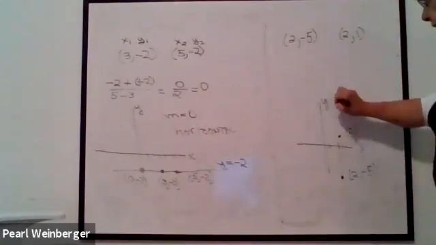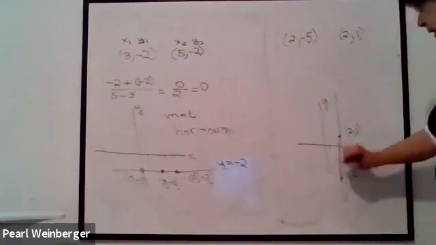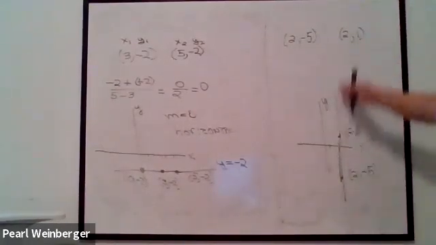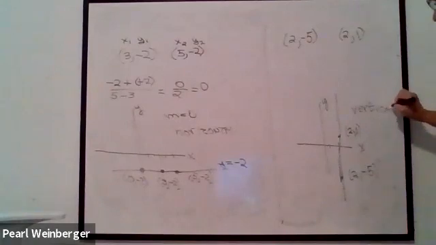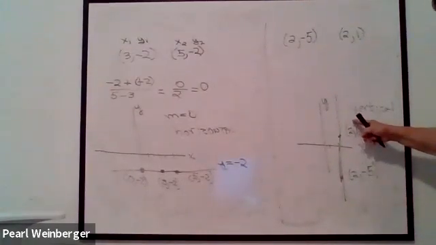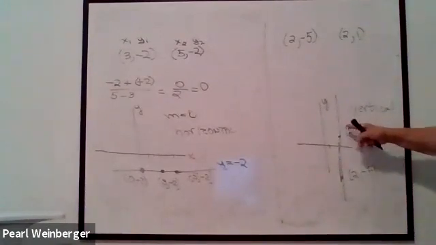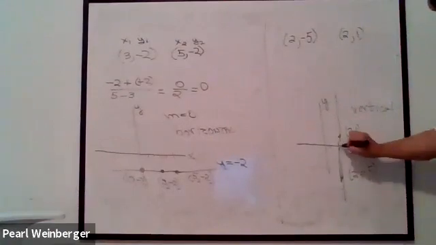If I draw this line, I get a line that goes straight up and down, which is called a vertical line. A vertical line, notice all the x values are the same. This is (2, 1), this is (2, -5).